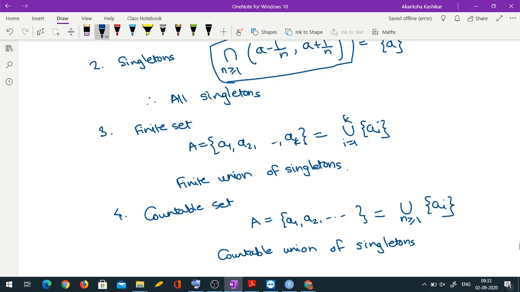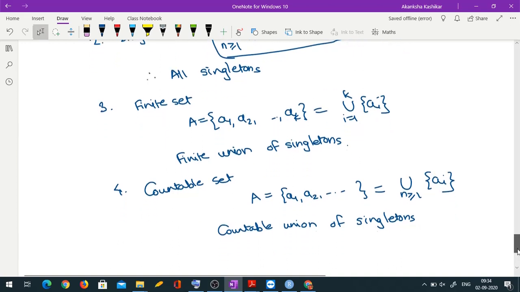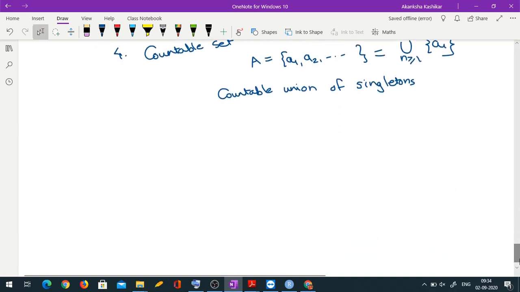Now, if I take an uncountable set, I can express it as an uncountable union of singletons, but we don't know whether an uncountable union belongs to a sigma field. What we know is finite and countable. However, there are some uncountable sets whose complement is countable. Because of complementation, they would be Borel sets. So basically, co-countable sets.